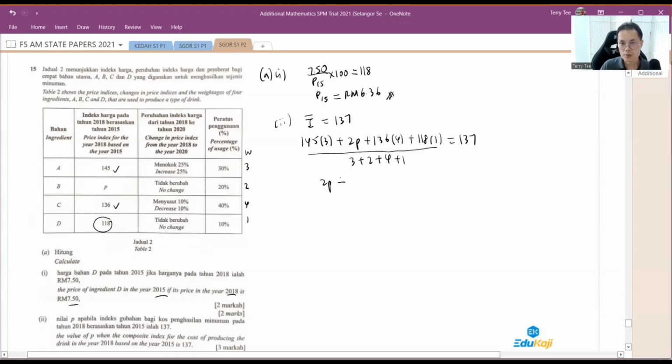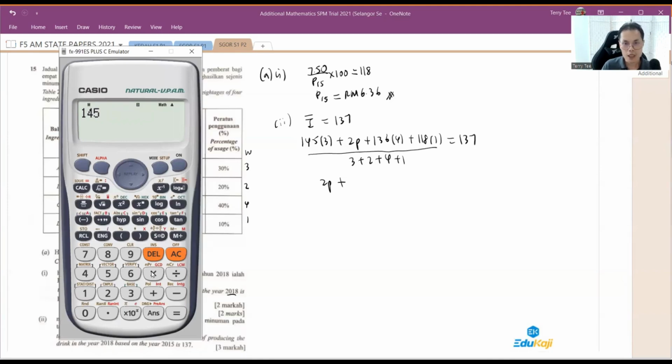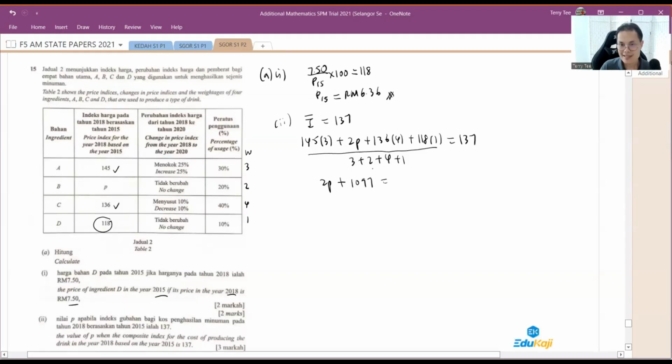Okay, let's count. 2P plus 145 times 3 plus 136 times 4 plus 118. So this gives us 1097, right? We know 10 times 137 is 1370.